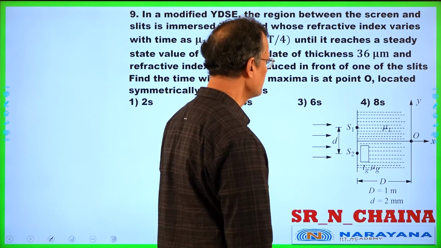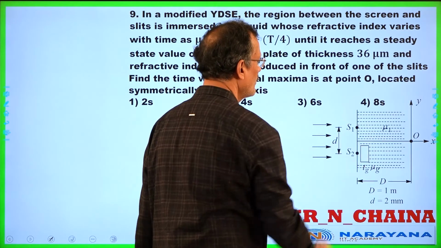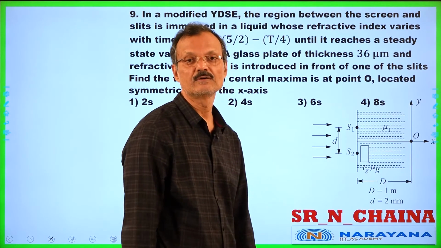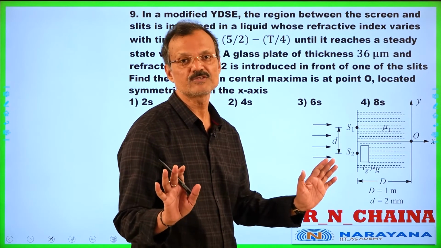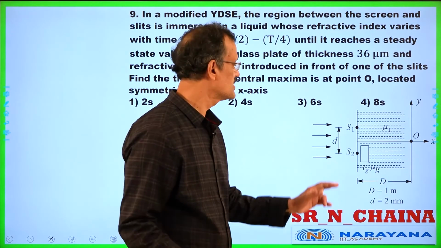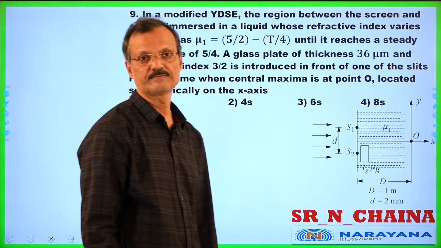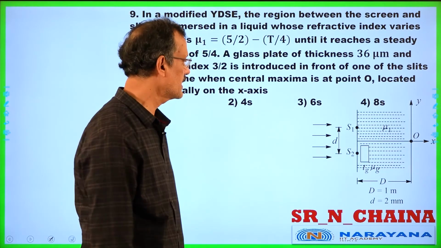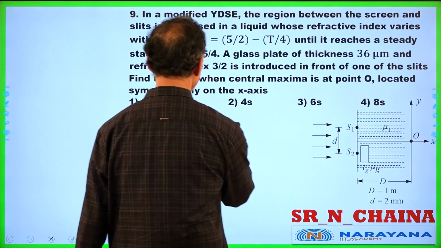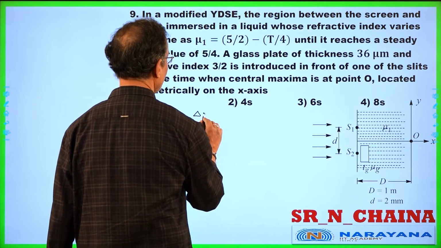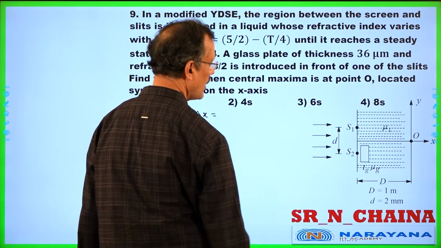To know the central maxima, we have to go for the path difference. For central maxima, the path difference should be 0, meaning the path traveled by this light and this light should be equal. So I have to take the path difference as 0. First I am going for delta x.